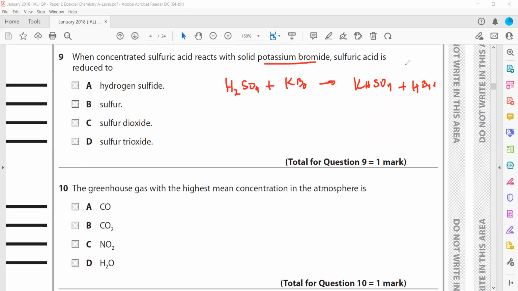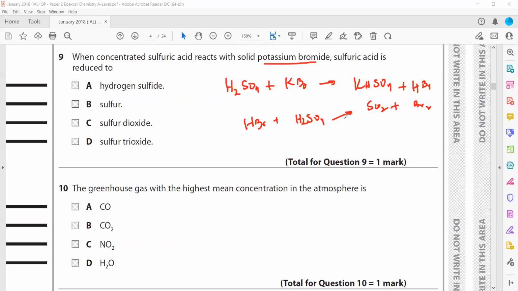And then what are the products which bromine can produce? Hydrogen bromide HBr, in a redox reaction, reacts with another molecule of sulfuric acid. As a result, it produces sulfur dioxide plus bromine molecule.